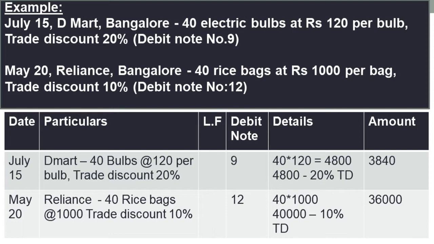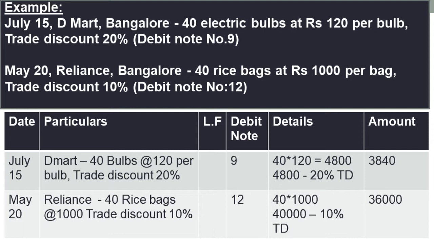Now we will see the second transaction. That is on May 20, from Reliance Bangalore, we have purchased 40 rice bags at Rs 1,000 per rice bag. And also we have received a trade discount of 10%. And the debit note number for this transaction is 12.